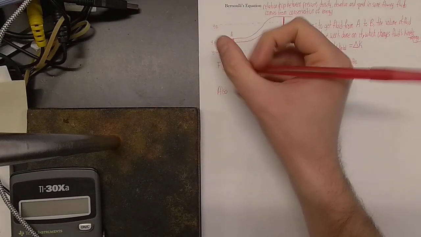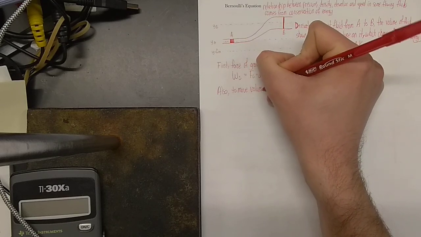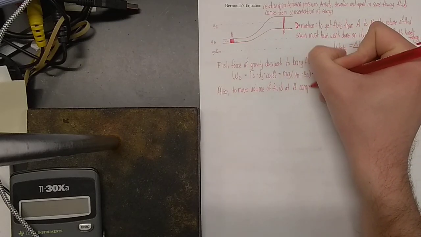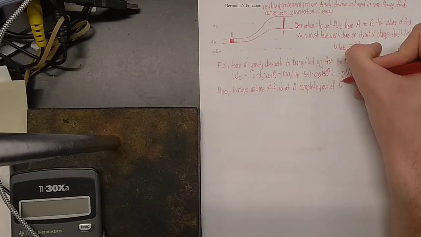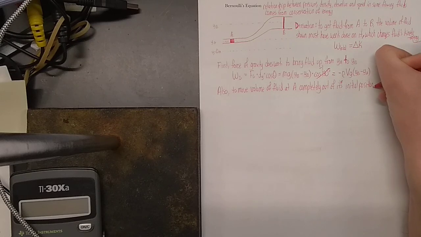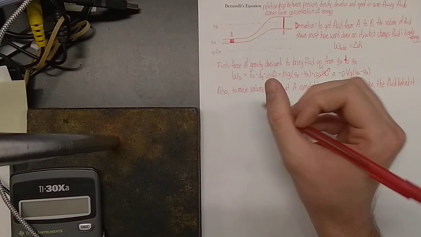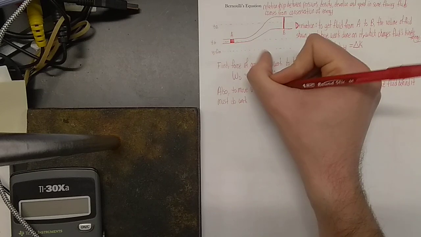There's some other work done. So to move the volume of fluid at A completely out of its initial position, the fluid behind it, because remember this is steady flow, must do work on it.